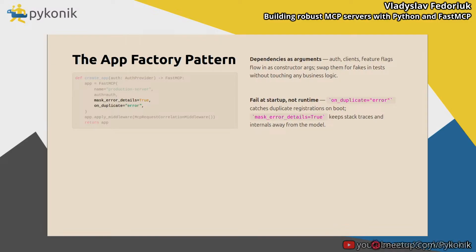It's also a great place for app-wide configurations, and two notable options are mask error details and unduplicate error.